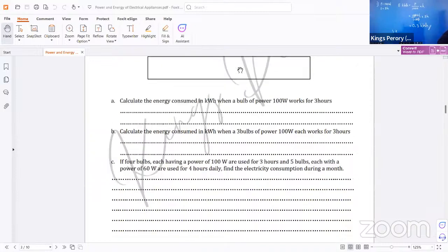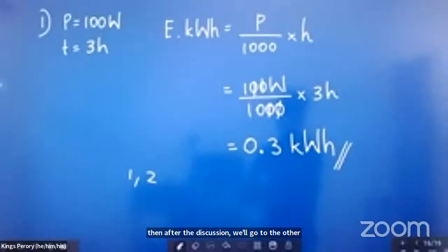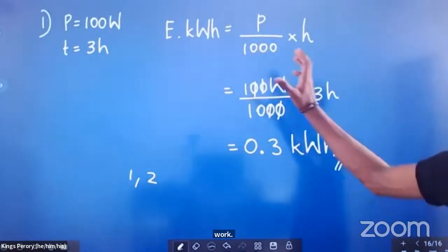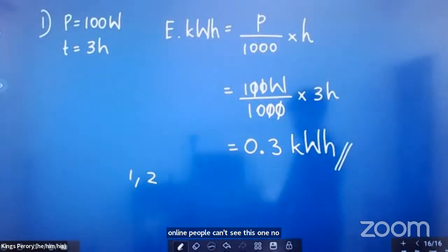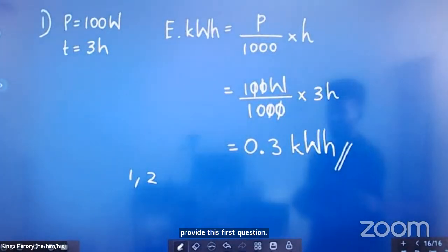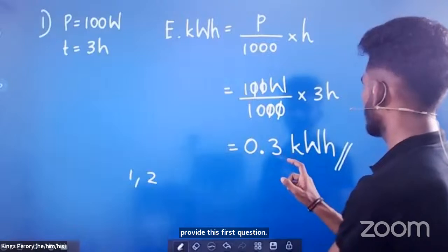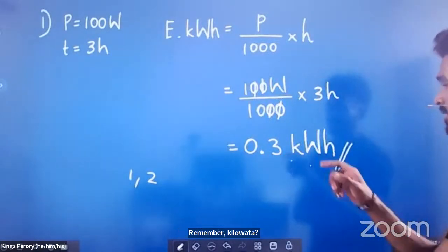Online people can't see this one? Right, YouTube people, first write this. First question. Remember kilowatt hour: k is simple, W is capital, h is simple again.